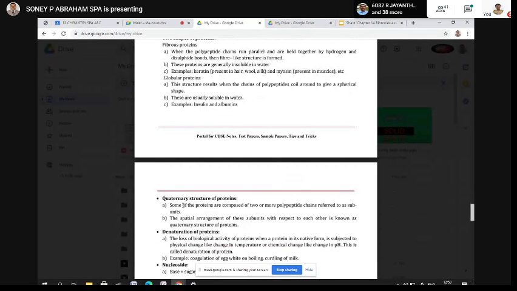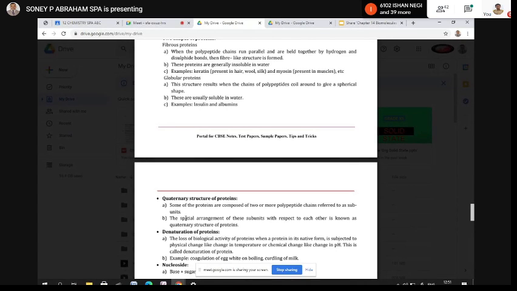And quaternary structure is the number of subunits and the overall configuration or arrangement of the subunits with respect to each other. That is what is meant by quaternary structure. So that is what we have seen.